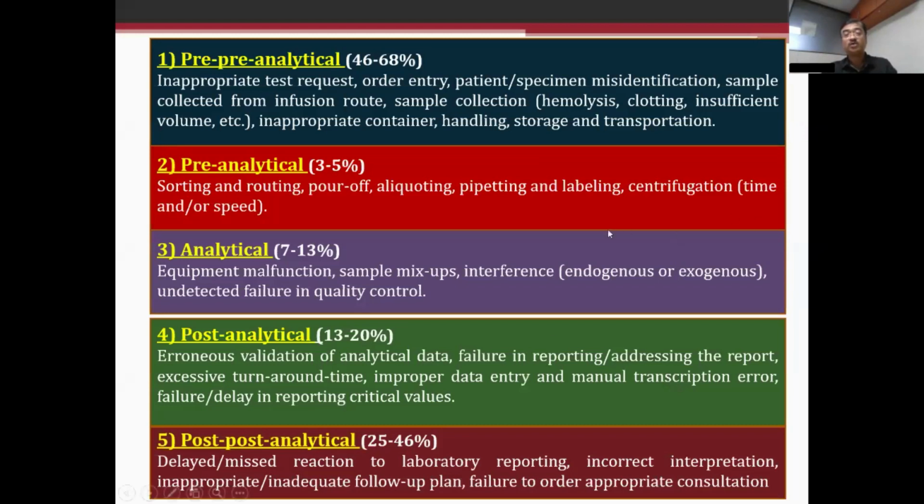Sample collected from the infusion route is a very bad problem. If you are taking samples from the same hand of the patient, then please, at least for a few minutes, close the IV infusion, because otherwise you are drawing blood mixed with the infusion fluid. This is a very common problem when you are running glucose or sodium chloride through the infusion route in the same hand.